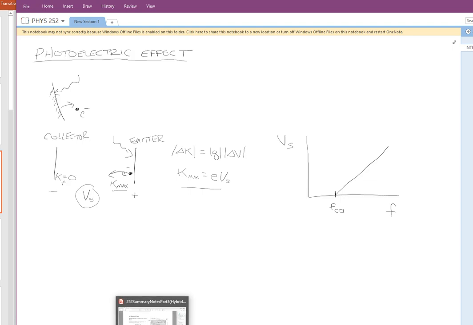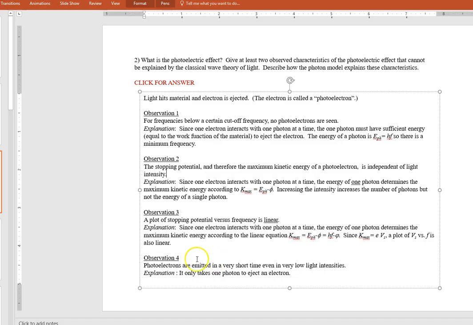But there's one more observation that you can make. This one is a little bit more sophisticated equipment, but if you have the equipment where you can see how long it takes to actually collect the first electrons after you expose this metal to light, it turns out that these photoelectrons are emitted in an extremely short time.